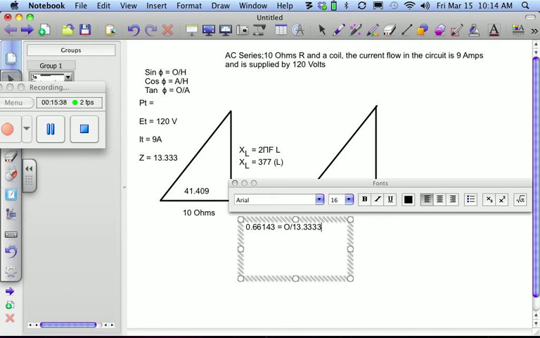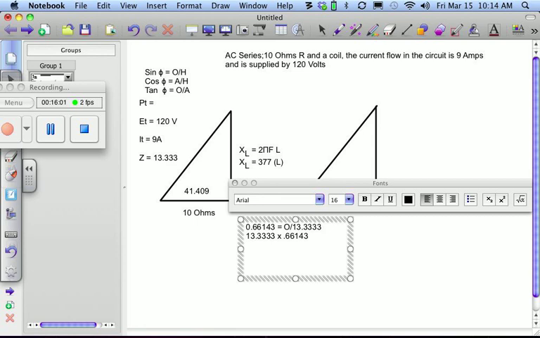So if we just multiply 13.33 times both sides, we'll get 13.33 times 0.66143 and that whole long number that happens to be still on our calculator.